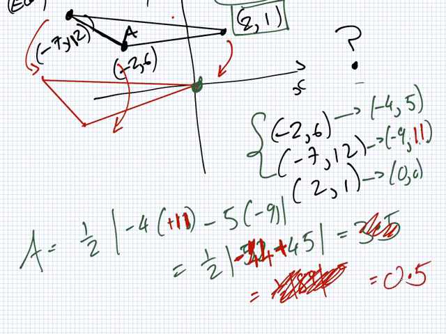Let me check the answer. No, I think either I'm wrong again here or my answer's wrong here. No, sorry, I was looking at the wrong answer. The answer's right. I just checked it here. It's right.